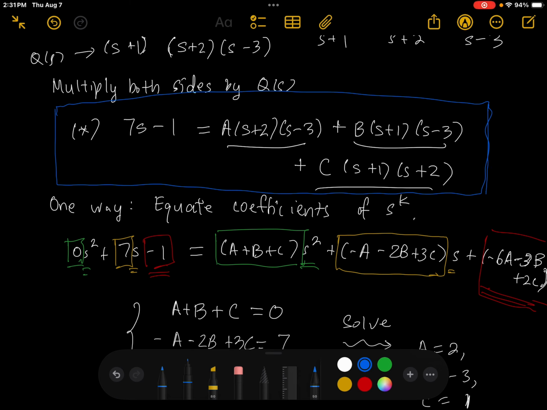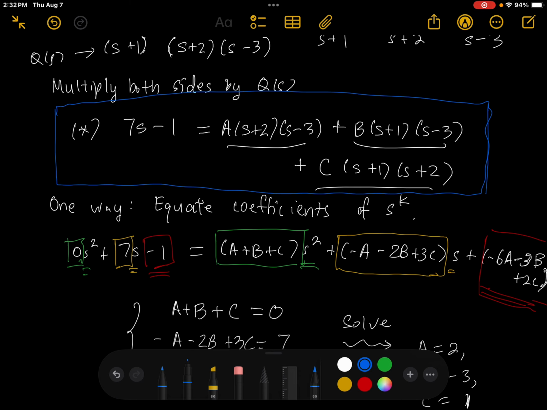So you could say, this has to be true when S is 1, when S is 2, when S is 3, when S is pi, whatever number you want, negative a trillion times the square root of 7. It also has to be true for that S.